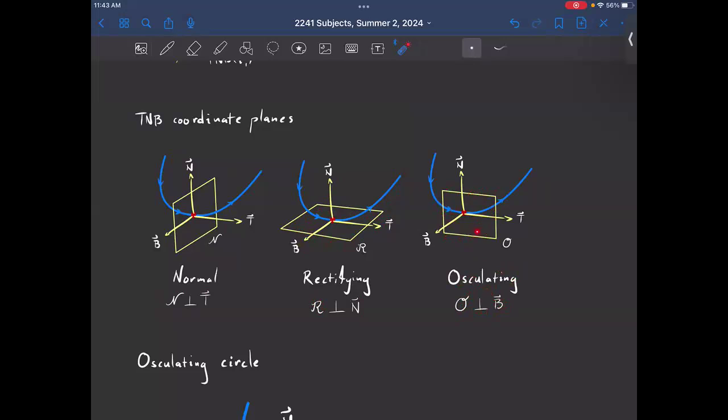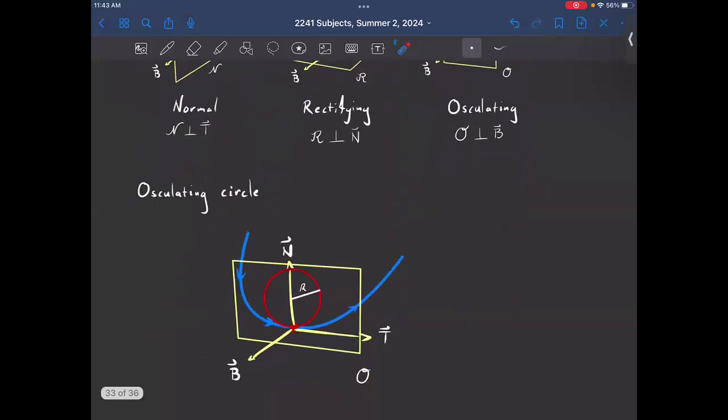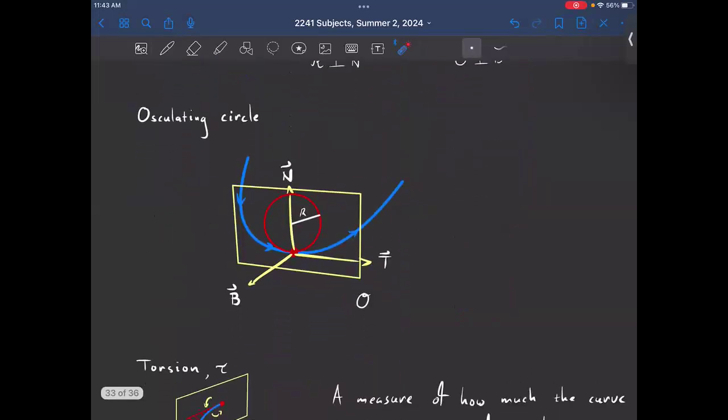This is the one that is sort of the plane that the curve is almost in. If this was a planar curve, the osculating plane is the one that it's contained in.